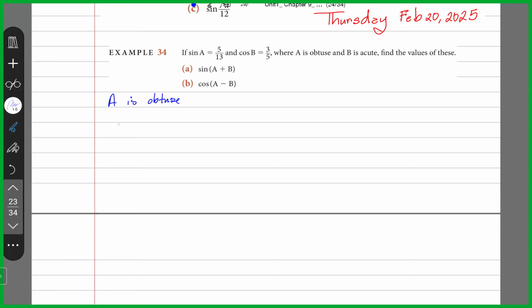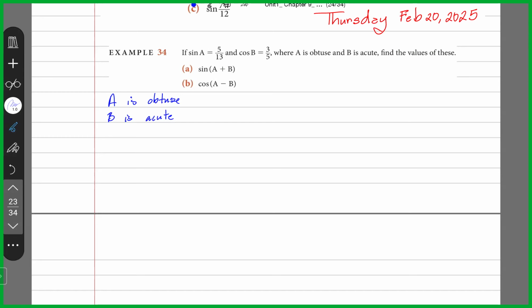B, we're told, is acute. Now, if B is acute, it means that B is less than 90 degrees, and B is in the first quadrant.